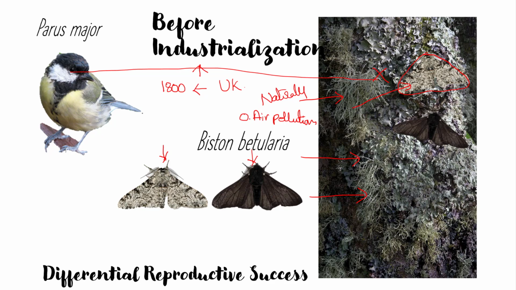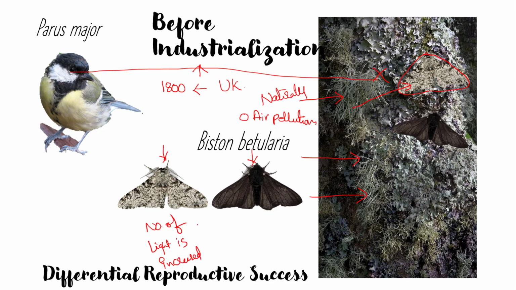This selection made a differential reproductive success, and the number of light colored moths increased drastically.